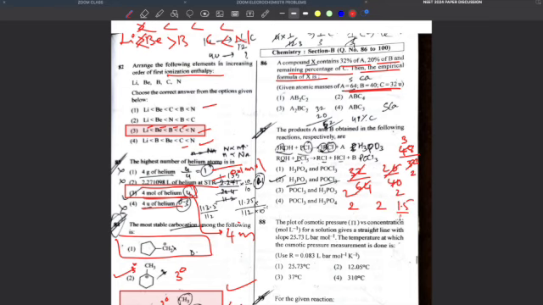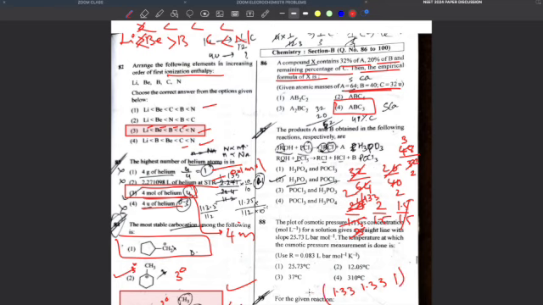So 1.5 divided by 1.5, 1.5 divided by this, 1.5 divided by this. So this is again 3 and 4. This goes to 1.33, so it should be multiplied by 3. So answer C. My answer is ABC3 because I got 1.33, 1.33 and 1.